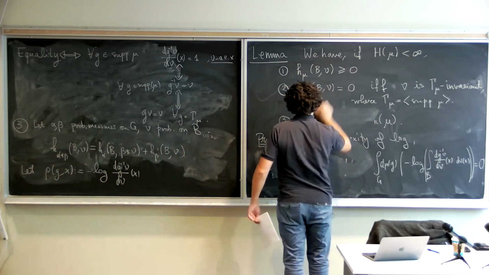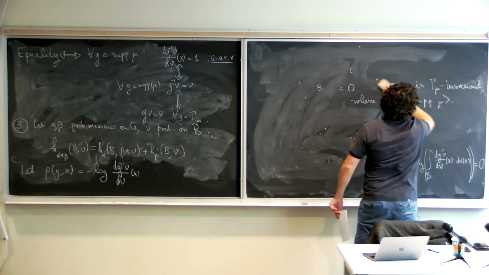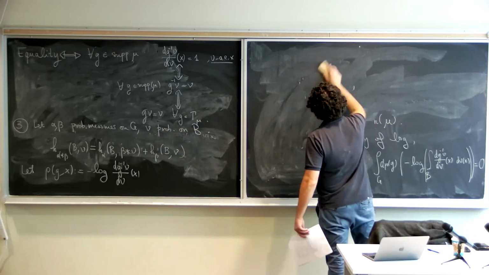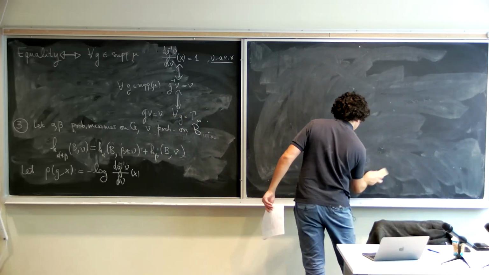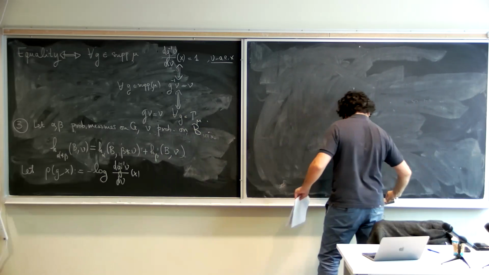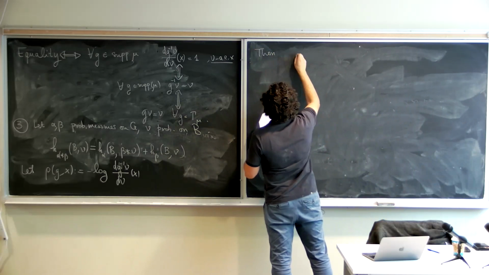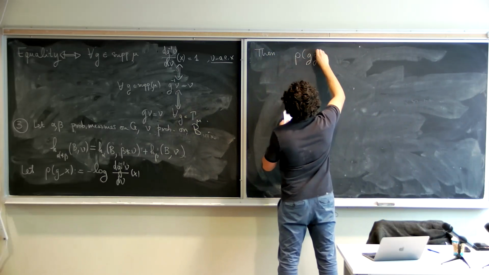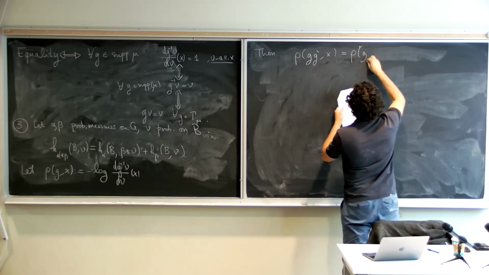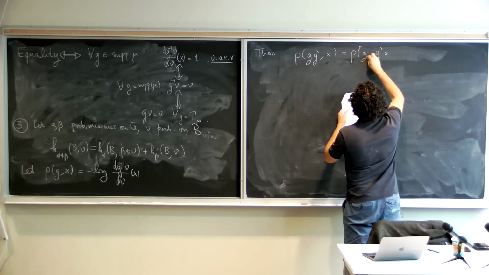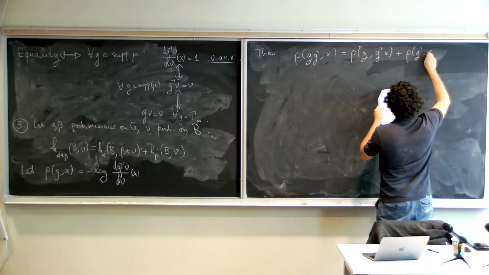And then we claim the following, that rho of G inverse G prime x equals rho of G prime x plus rho of G prime x.